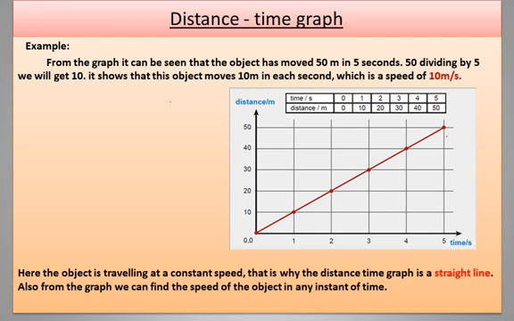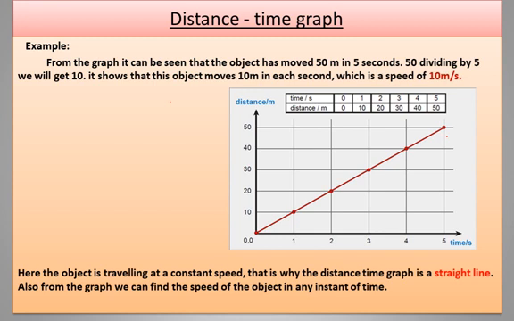You can see at 2 minutes it is 20 meters, and at 2.5, in the middle of 20 and 30, it will be 25. That means at 2.5 minutes the object will have traveled 25 meters. Like that.